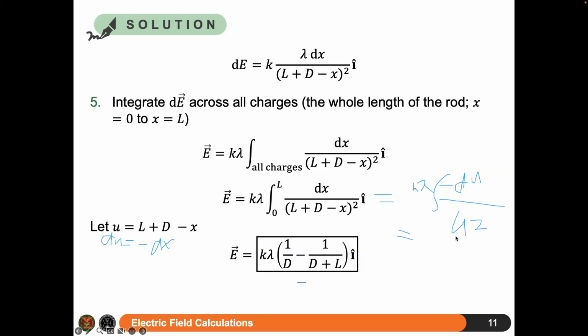And if you integrate u to the minus 2 du, with the k lambda, the integral of u to the minus 2 is u to the minus 2 plus 1 over minus 2 plus 1, times k lambda.